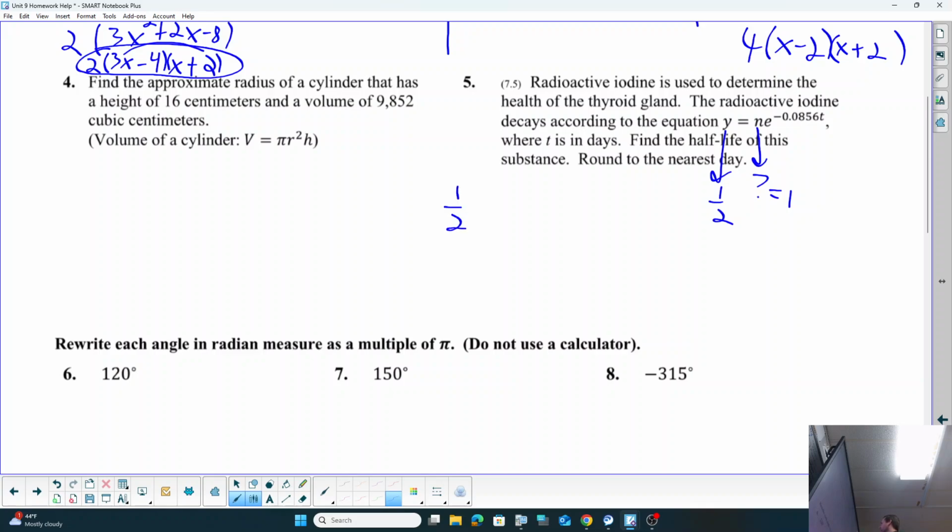So you get 1/2 is equal to 1 times e to the negative 0.0856t. Remember doing this with logarithms? Cool, so we divide that 1 to the other side, which really is silly because it goes away. And 1/2 divided by 1 is still 1/2.